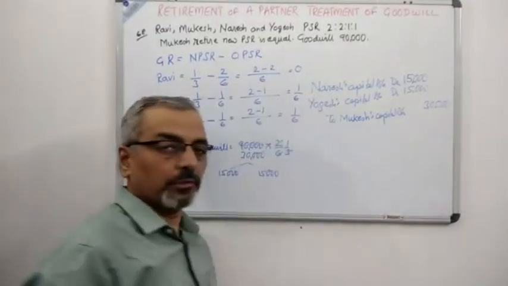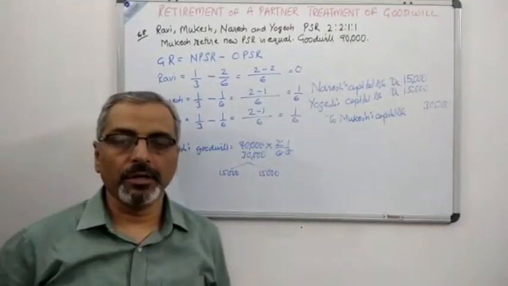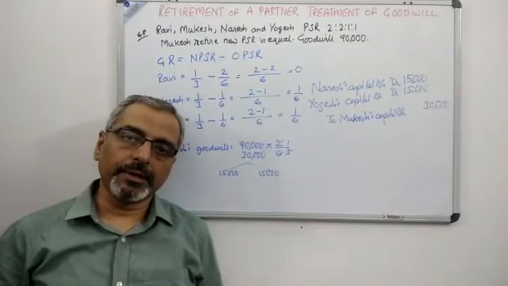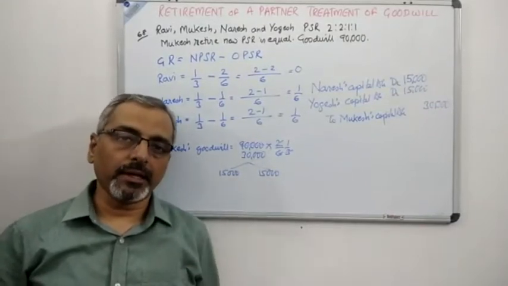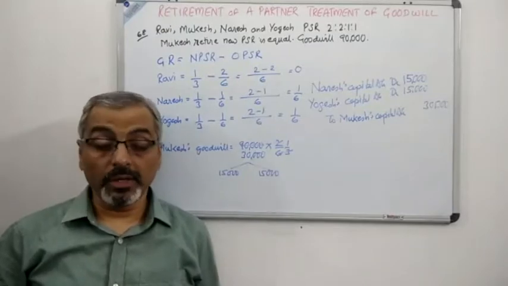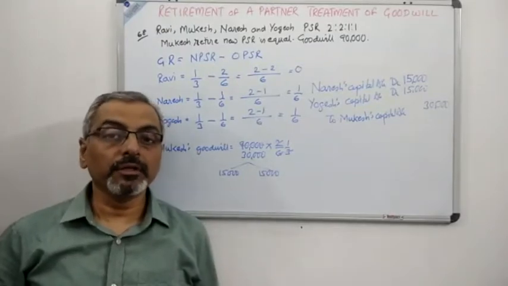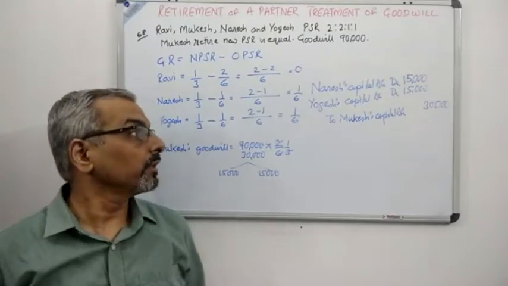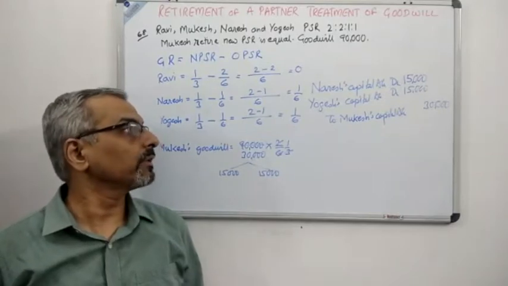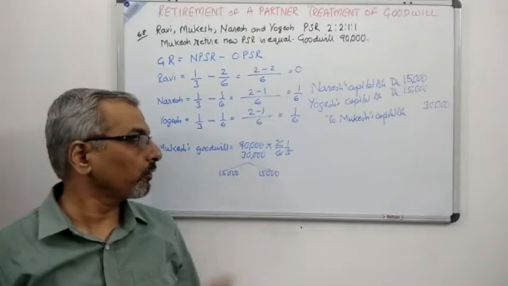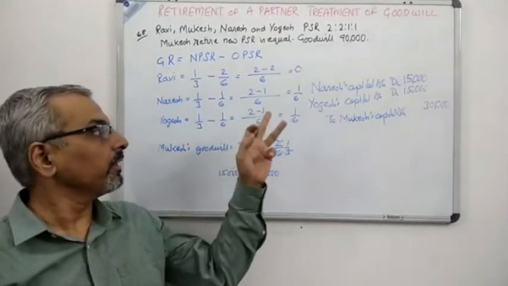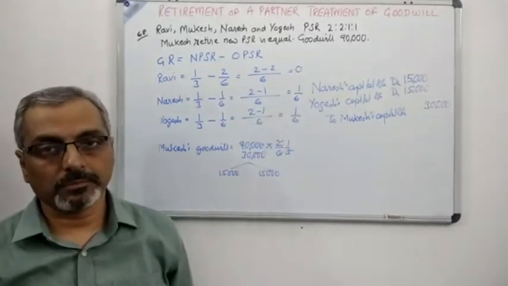Always remember, whenever we are doing the journal entry, the gaining partners are debited and the retiring partner is credited, because the retiring partner is sacrificing when leaving the firm. So the journal entry here is Naresh's capital account 15,000, Yogesh's capital account 15,000 to Mukesh's capital account 30,000. Why? Because the gaining ratio was 1:1.